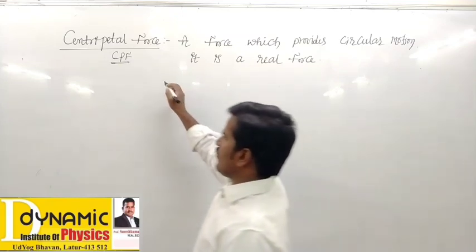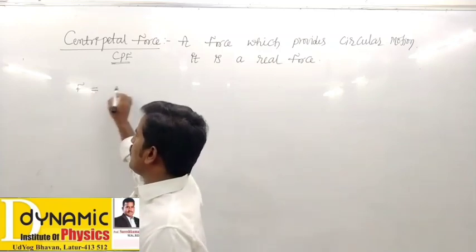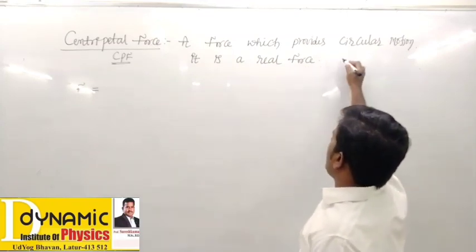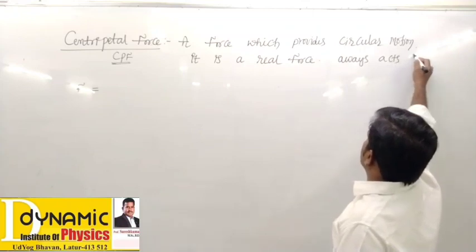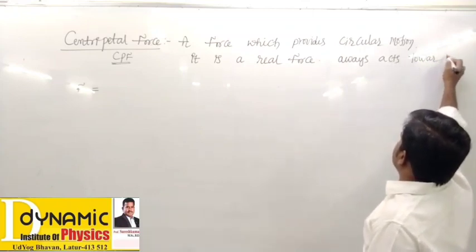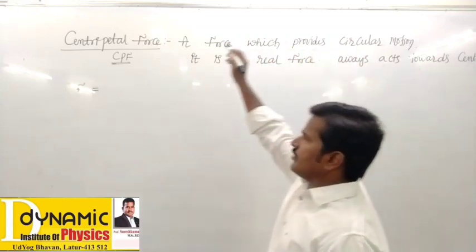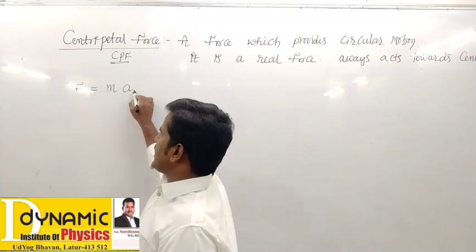Centripetal force is always toward the center. It is a real force, always acts towards the center of the circle. It is written as F equals M into AC.